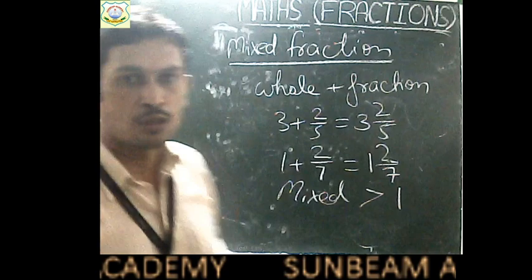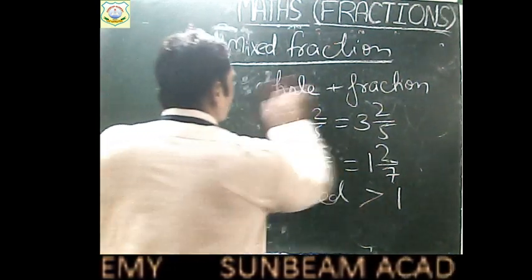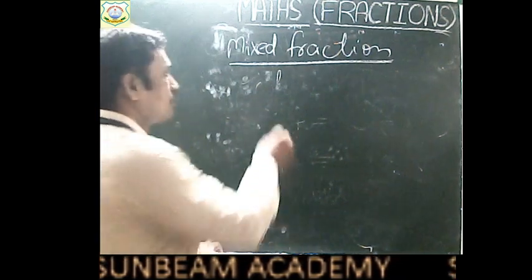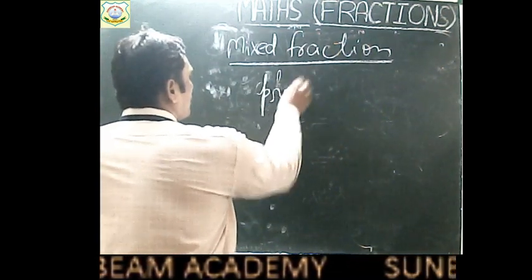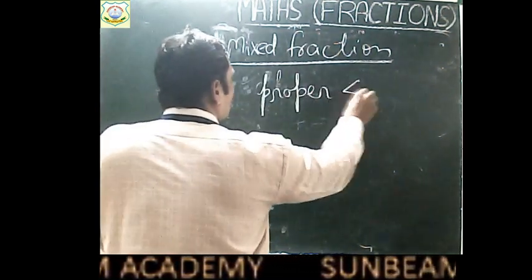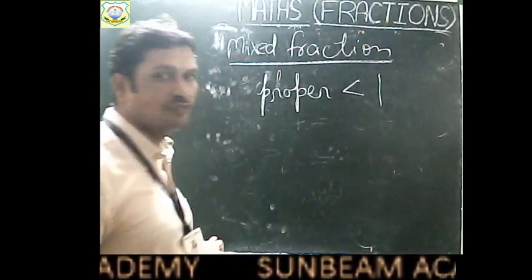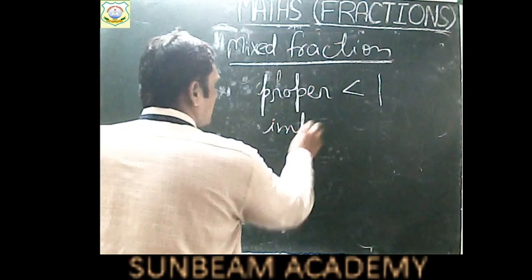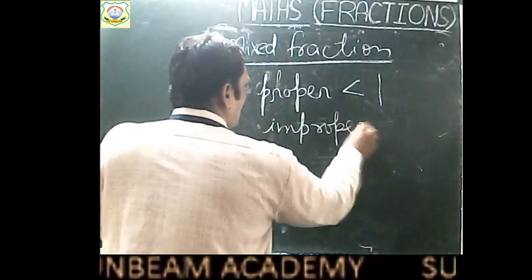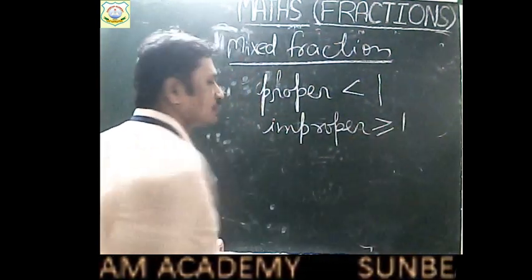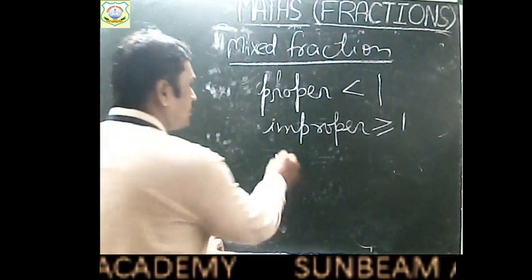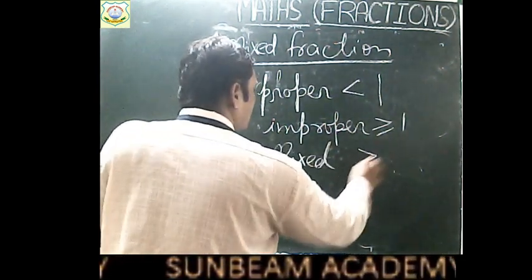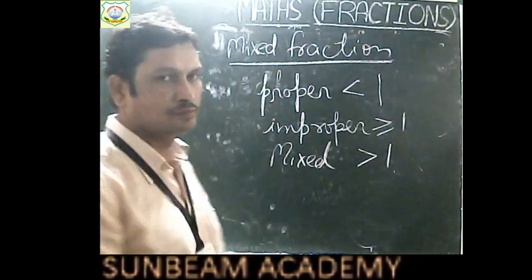Clear? So, what have we learned children? The things you have to remember is that a proper fraction is always less than 1, right? Improper fractions are greater than or equal to 1. Clear? And mixed fractions are greater than 1.